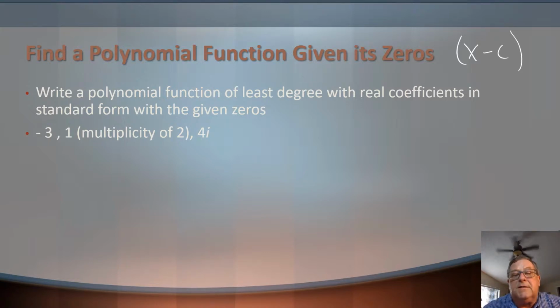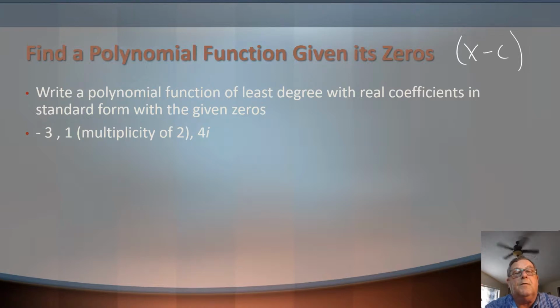And then there is the conjugate root theorem and complex conjugates, which basically says that all imaginary zeros come in pairs with a positive and a negative.